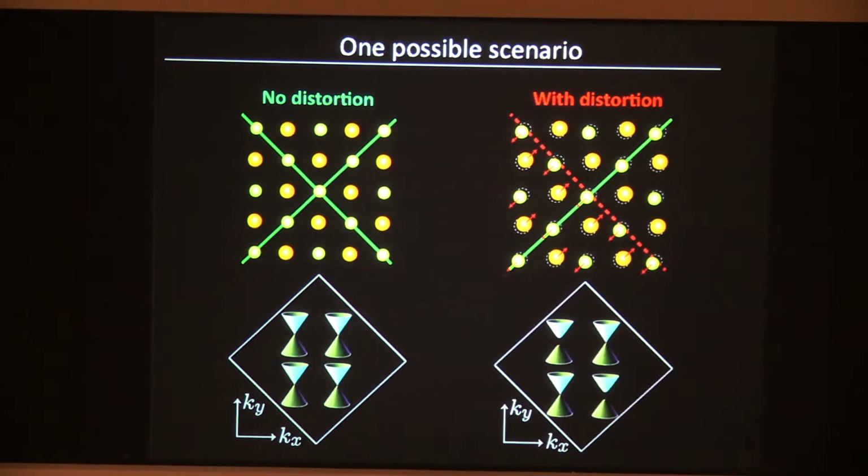If you do have such a distortion, where mirror symmetry is broken along one direction and preserved along the other, then you can do a calculation to show that in this direction you still have the two intact Dirac cones, but in this direction you'll get massive Dirac cones with opposite mass. One will have positive mass and one will have negative mass. That's what theory predicts. What chooses the direction? That's a spontaneously broken symmetry.